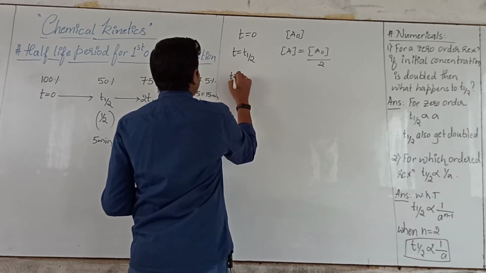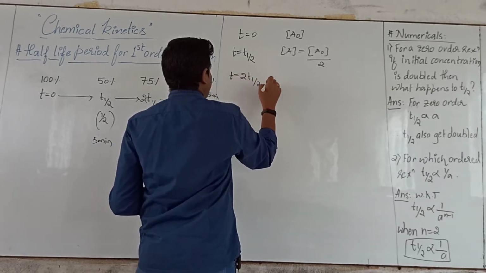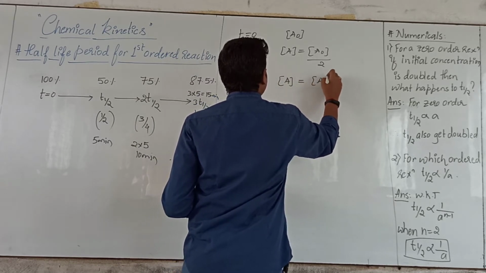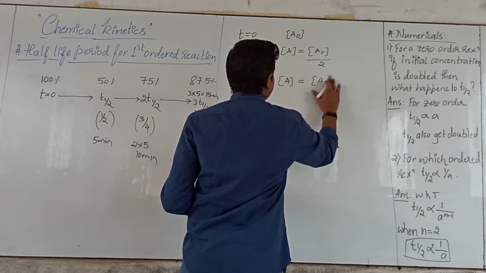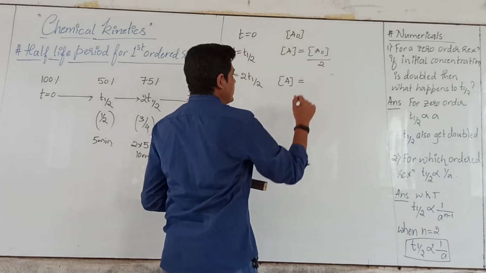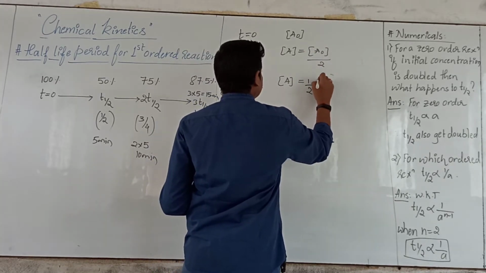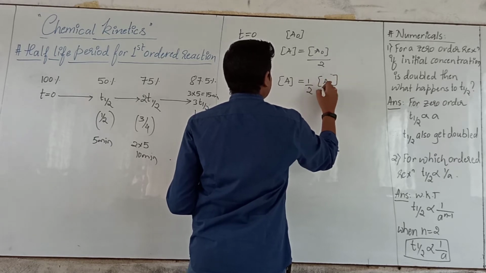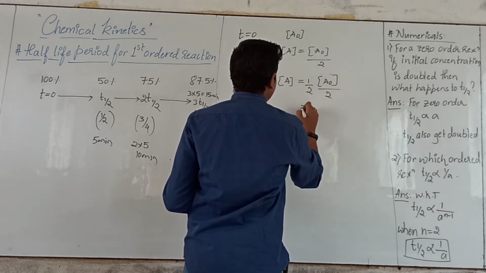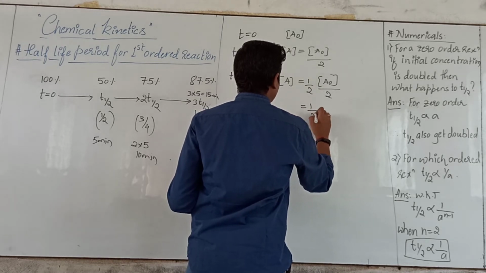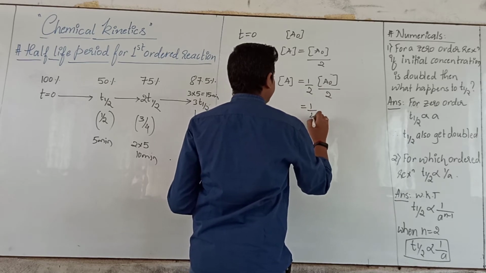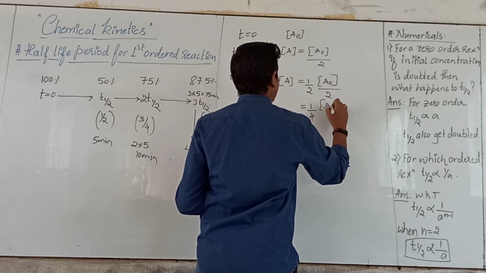Next, when two half-lives have passed, the concentration of A is equal to A naught divided by 2 squared, because half of this will come, meaning 1 by 2, where A naught is the initial concentration. So it is 1 upon 2 squared, which is 1/4 of A naught.